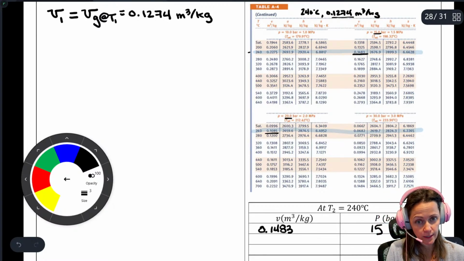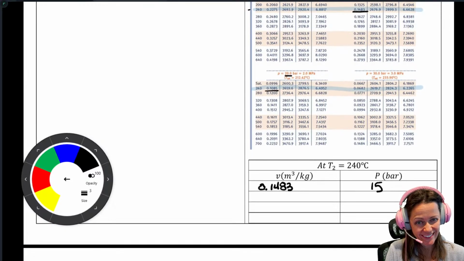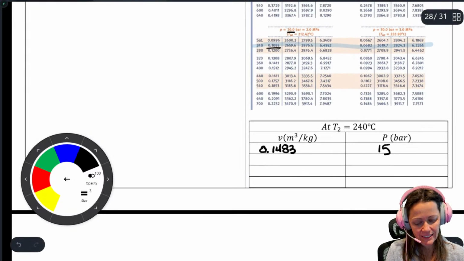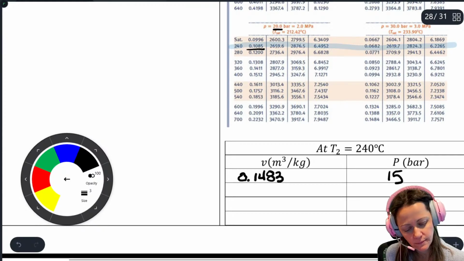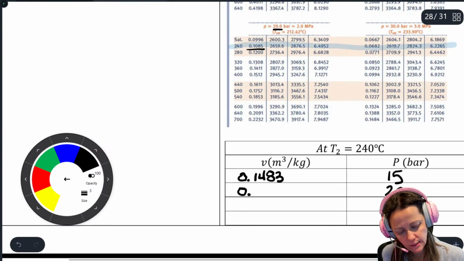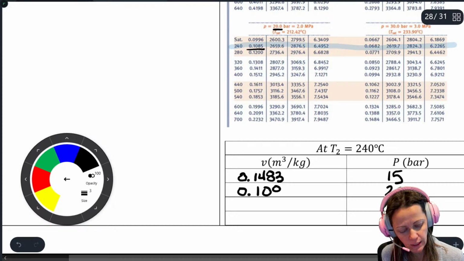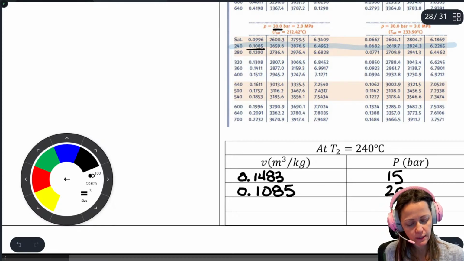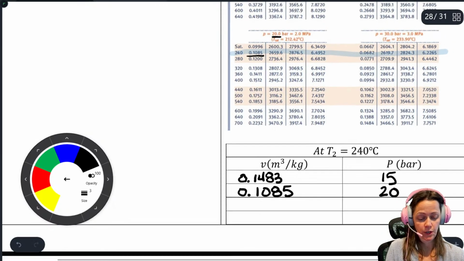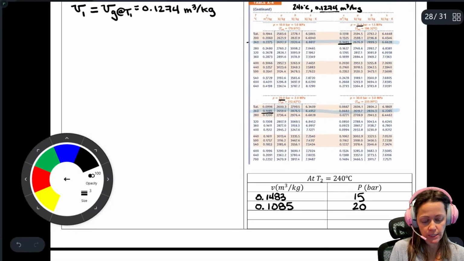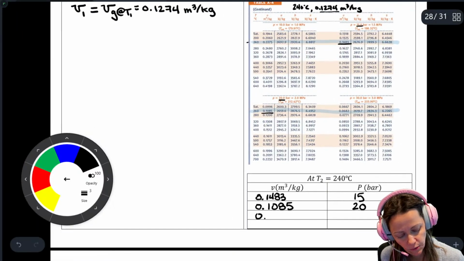I think my head's in the way, and I'm sorry about that. And then at 20 bar and 240 degrees Celsius, my specific volume would be 0.1085. But my specific volume at 240 degrees Celsius is 0.1274.